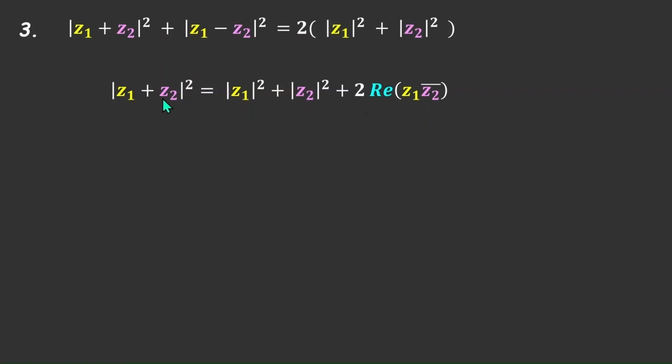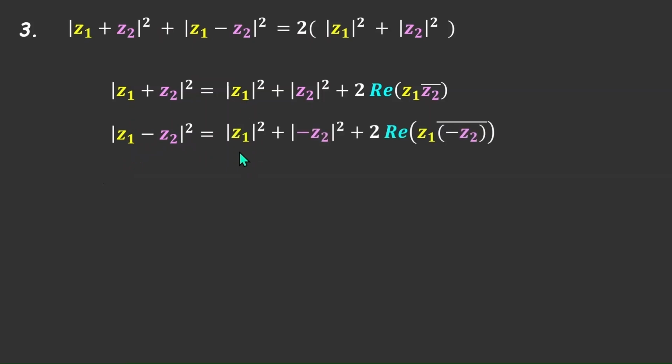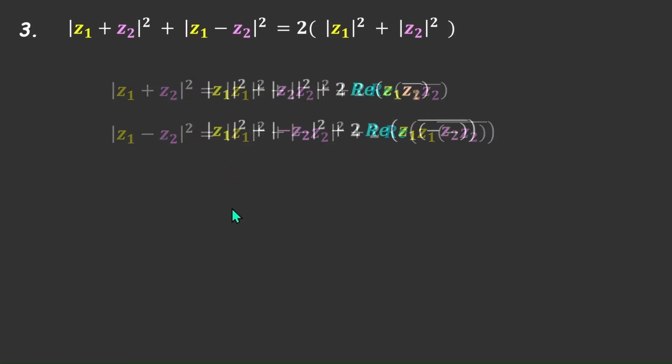And similarly, if we take z2 as minus z2, then we also know the expansion of this. So mod of z1 minus z2 whole square is equal to mod of z1 whole square plus mod of minus z2 whole square plus 2 times real part of z1 into minus z2 conjugate. And now let's add them up.